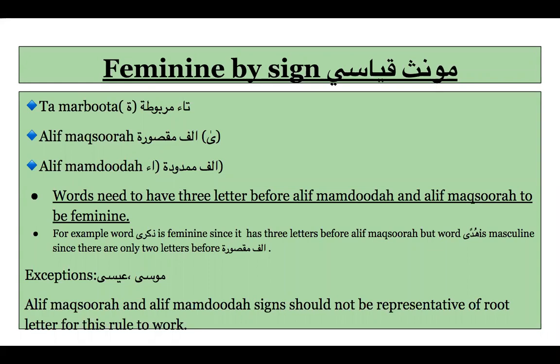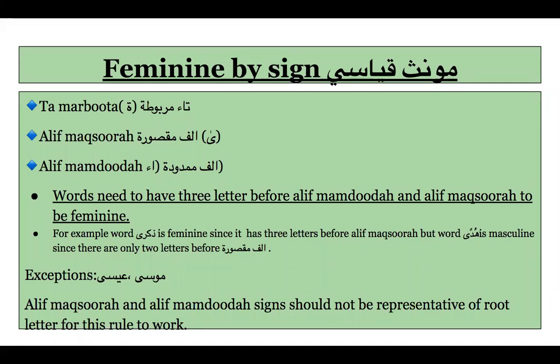Just to let you know, most of the words in Arabic have 3 root letters. Most of you are familiar with root letters, or if you are not, let me know. Is there anyone who does not know what a root letter is? No one?